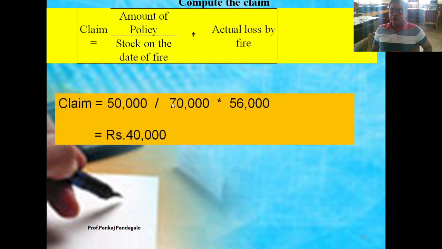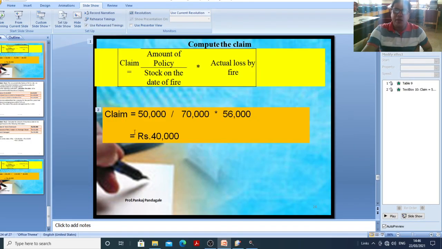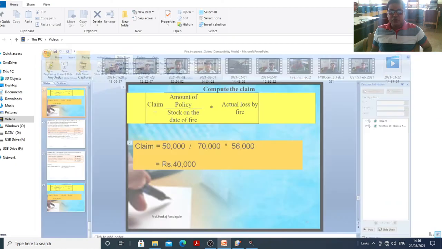The amount of policy is 50,000, stock on the date of fire 70,000, and into actual loss 56,000. The claim will be 40,000. In such a way we will find out the claim. We can easily find the fire insurance claim with this particular formula.